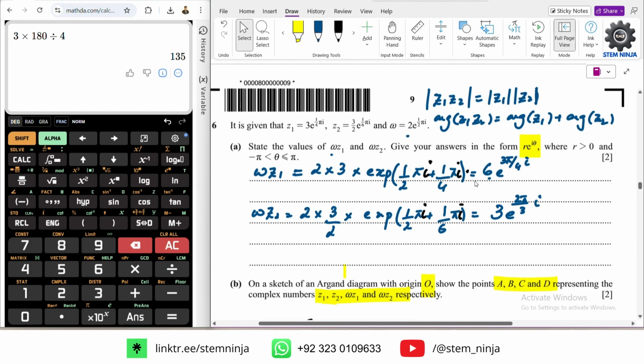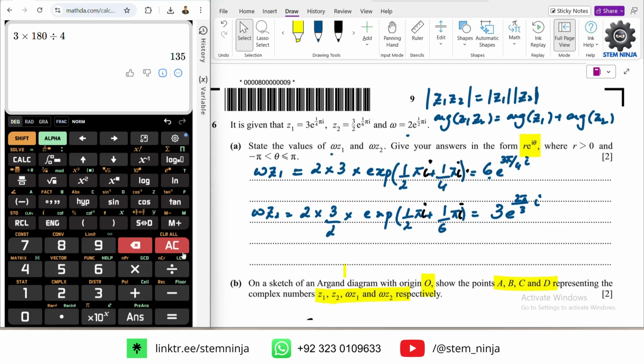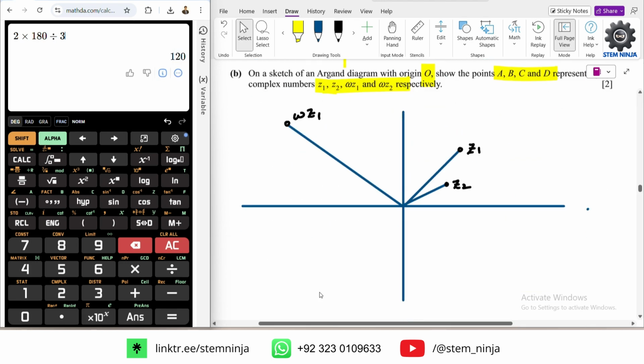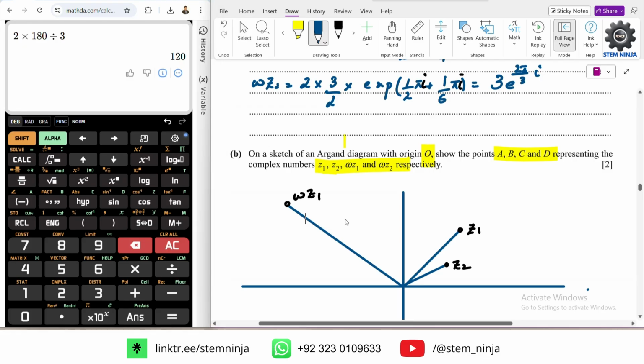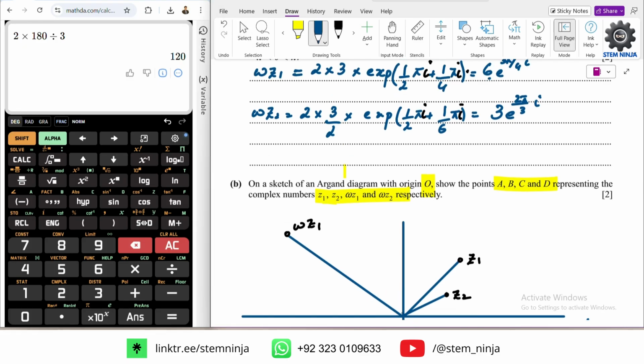And you have omega z2, 2 pi by 3. So again 2 times 180 divided by 3, this is 120. So 120 is slightly, again half the length of this one, like this. Somewhat like this.